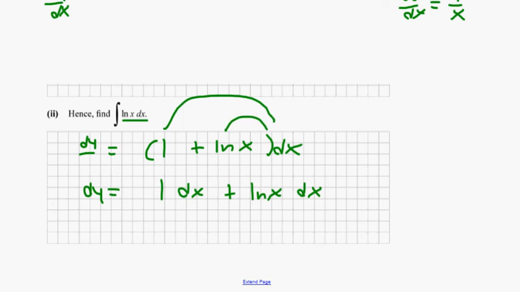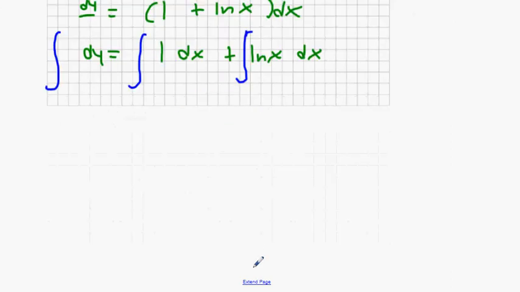Now what can we do? What have we decided to do to both sides now? Integrate. How do you integrate, guys? What would the answer be for the integral of 1 dx? It'd just be x, wouldn't it? Can anybody use the same logic for 1 dy? Just be y.